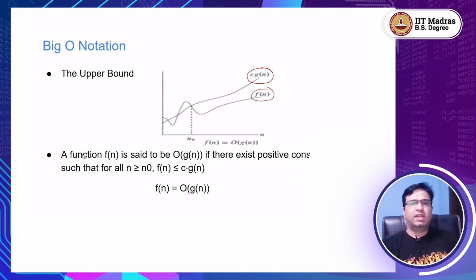So you can see the definition: a function f(n) is said to be big O of g(n) if there exist positive constants c and n naught such that for all n greater than or equal to n naught, f(n) is less than or equal to c g(n). Then we can write the complexity in big O notation as f(n) = O(g(n)).